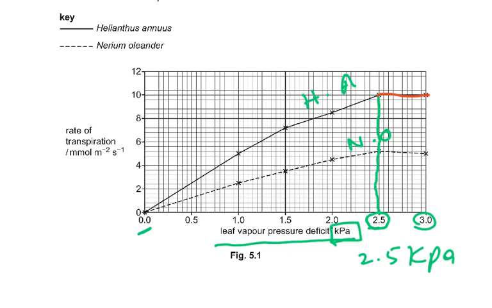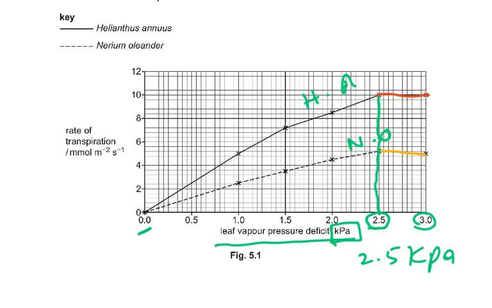And the other one, oleander, rate decreases slightly. You can see there's a slight decrease here. If you look at it very carefully, there's a slight decrease here. So HA remains constant, NO rate decreases slightly. You must write the whole name. I'm not saying just write these abbreviations.